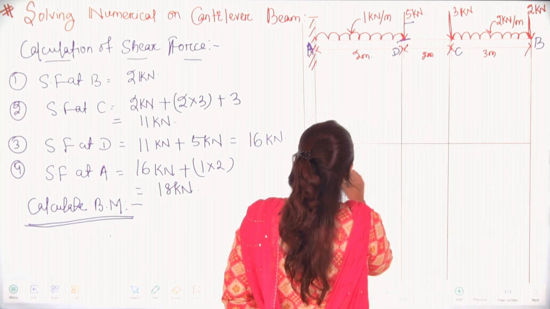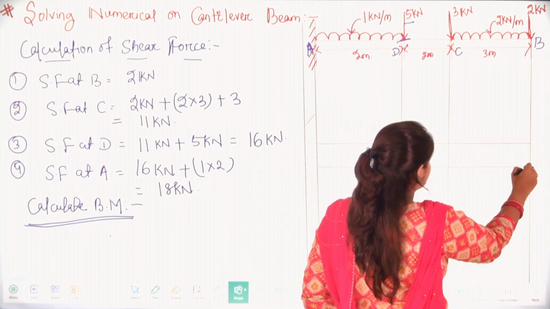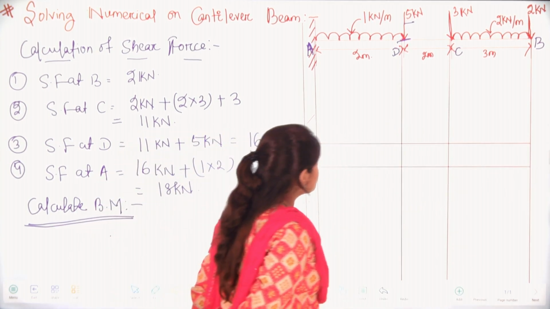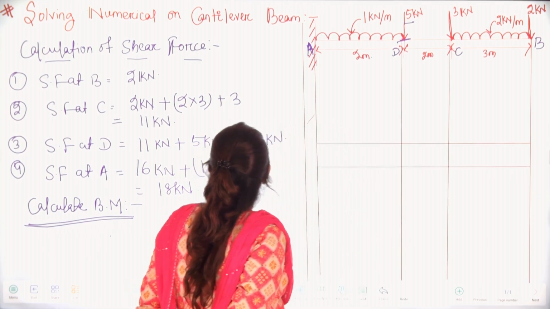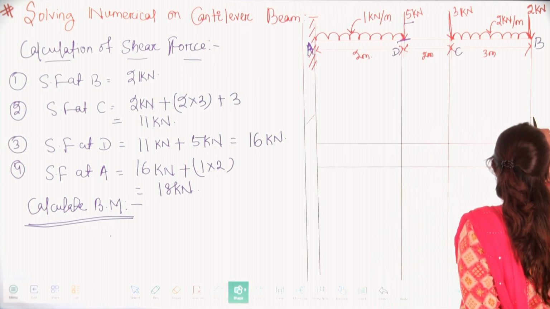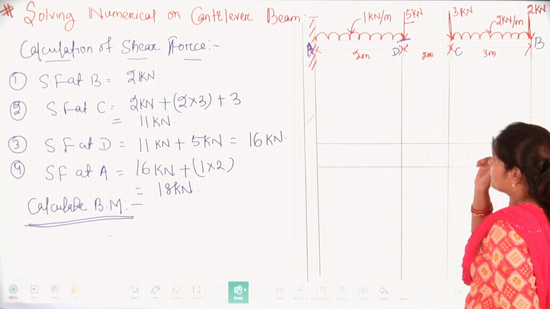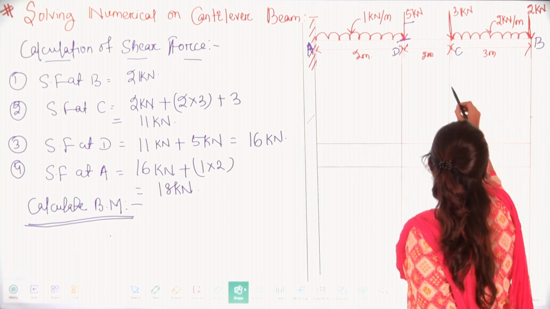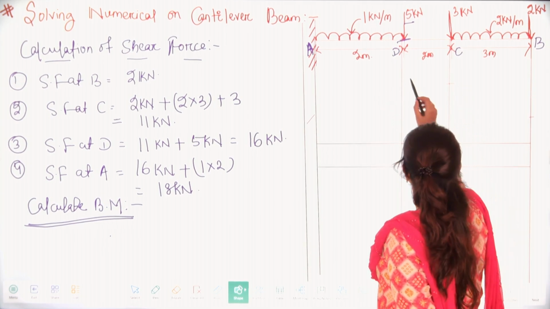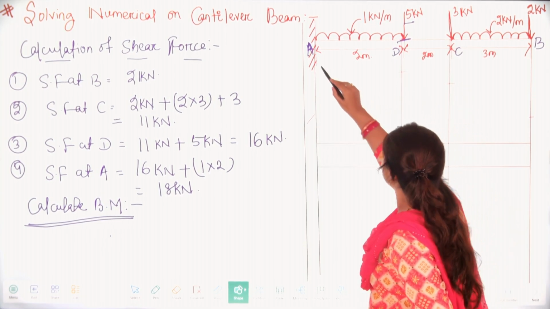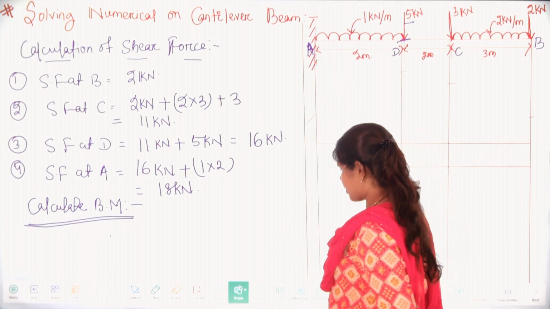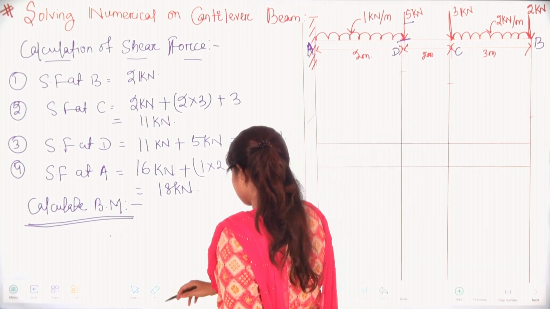This will be your shear force diagram and this one your bending moment diagram. First, we have shear force at B, that is 2 kilonewton. From this point we will have 2 kilonewton, again 11 kilonewton, then 16 and then 18. Now our work is to join those lines.